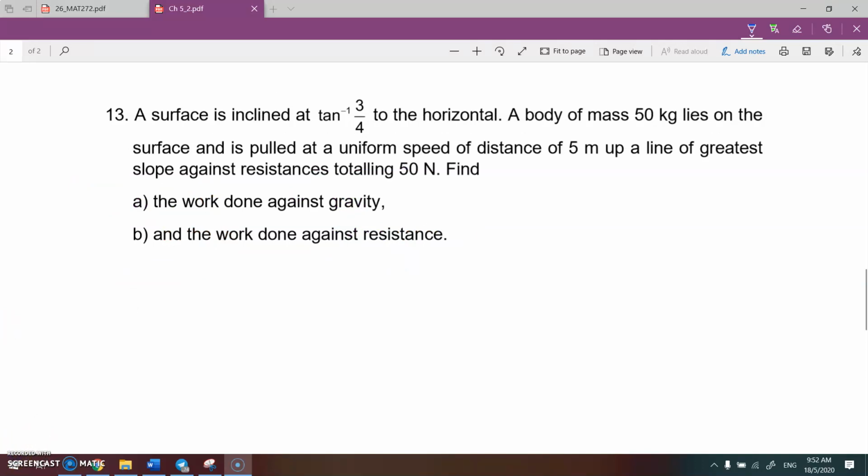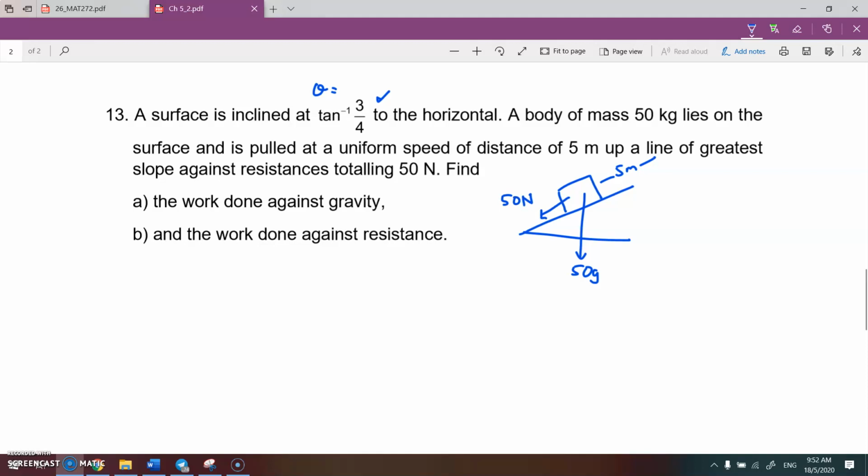Okay, question 13. The surface is inclined at tan inverse 3/4 to the horizontal, and the body has a mass of 50 kilograms. So you have an object of 50 kilograms on the surface, and then it moves up 5 meters along a resistance of 50 Newtons.